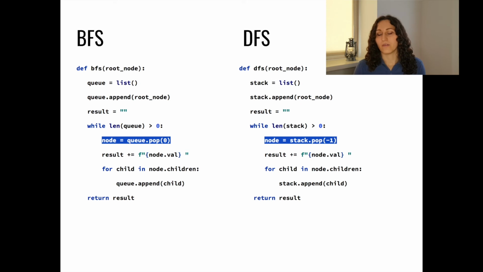In case of BFS, we remove the first element, and in case of DFS, we remove the last element. And this is the only difference, in fact. If you need to convert one algorithm to another, you just need to change one line of code. And that was mind-blowing for me when I realized it. But yeah, this is how it works.